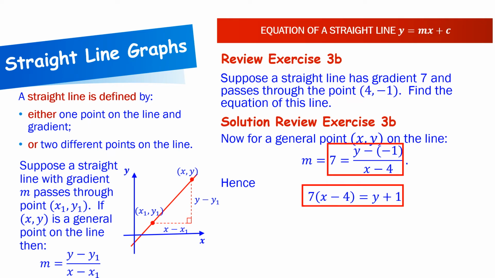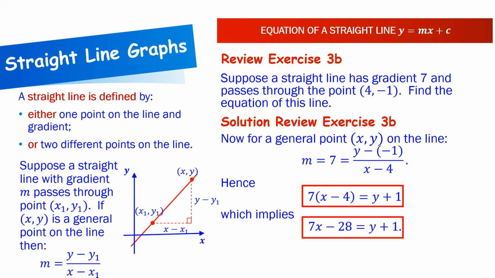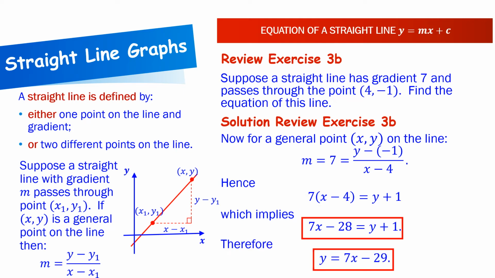We can rearrange to give us 7 times (x minus 4) equals y plus 1, which implies when we multiply out the brackets, 7x minus 28 equals y plus 1. And finally, tidying up gives us y equals 7x minus 29.